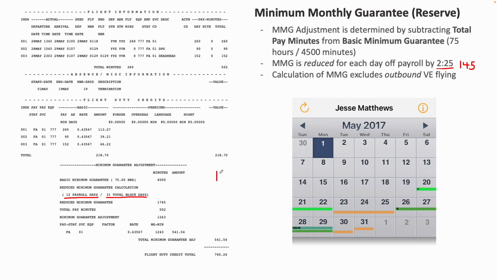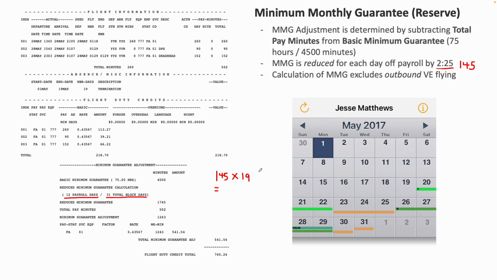So 145 minutes, as we mentioned before, had to be multiplied by 19 to determine how much was reduced from the standard minimum monthly guarantee.